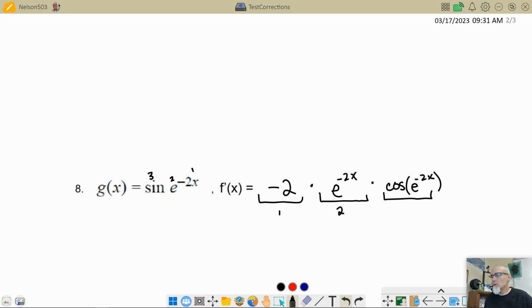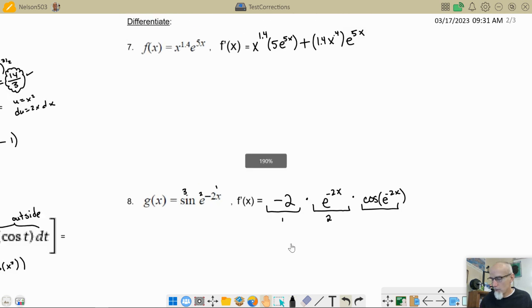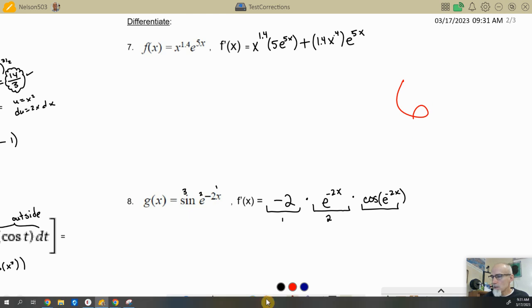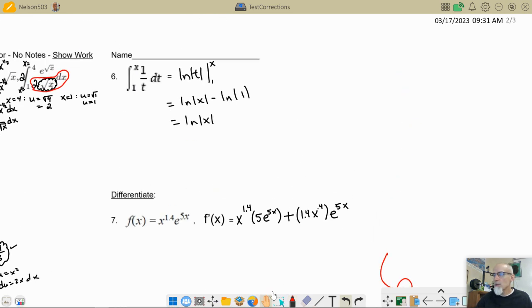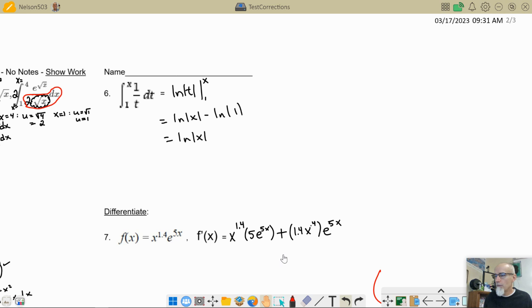So these last 2 problems being derivative problems, they were both worth 6 points. So let's go through my scoring. I have a 6 out to the side here. Number 6 was worth 6 points all by itself, because this is more of a focus of what we're doing right now. What is the antiderivative?